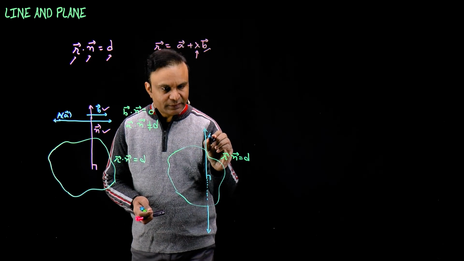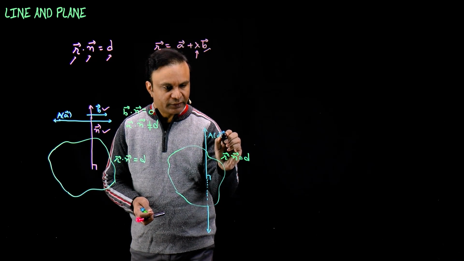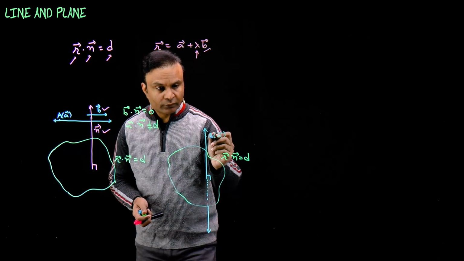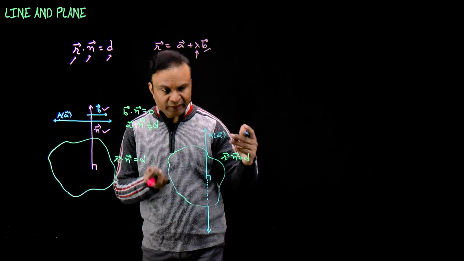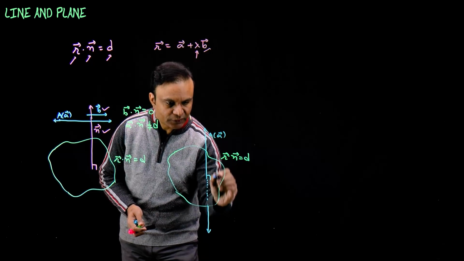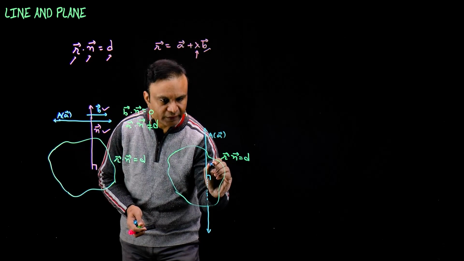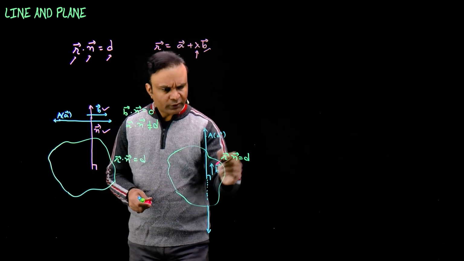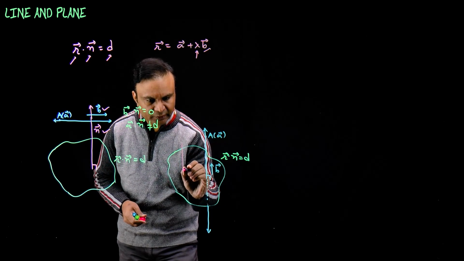Okay, now this line is passing through point A. So here we have point A. Position vector of point A is vector A, and line is parallel to vector B. Okay, also normal to this plane is vector n.